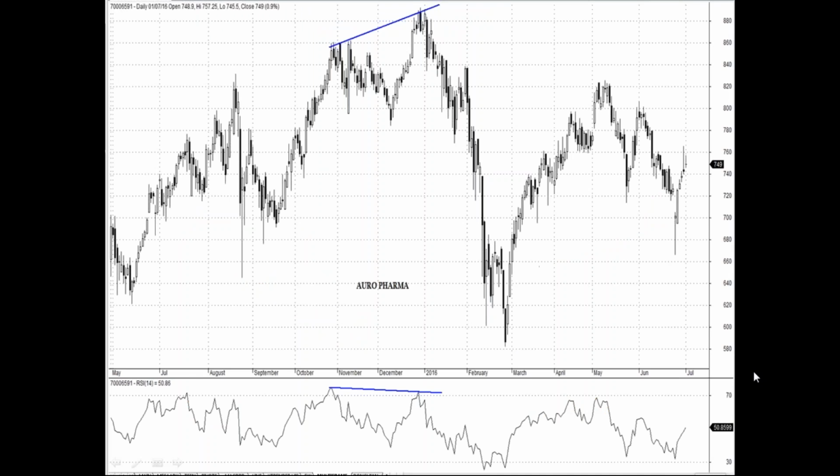So here we get the price making a higher high. This is Oro Pharma, and the indicator makes a lower high.